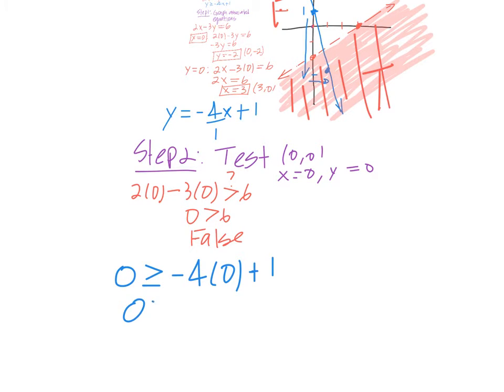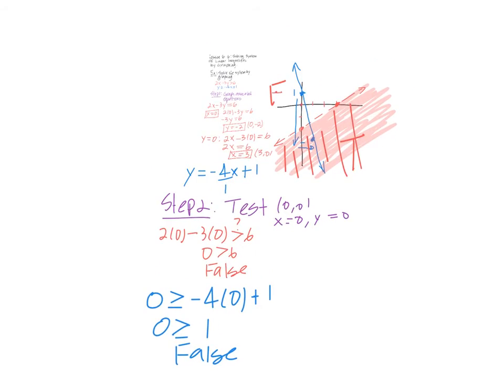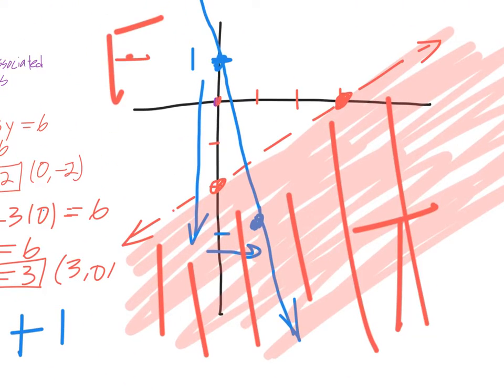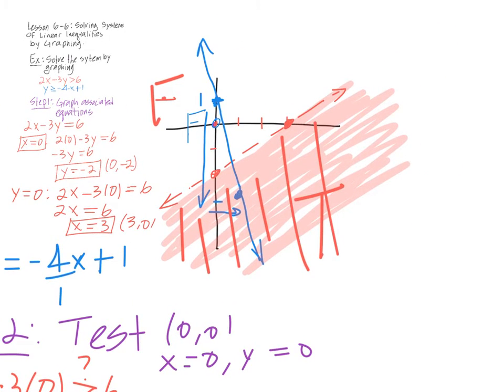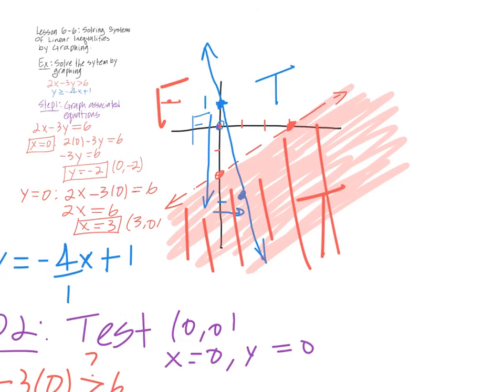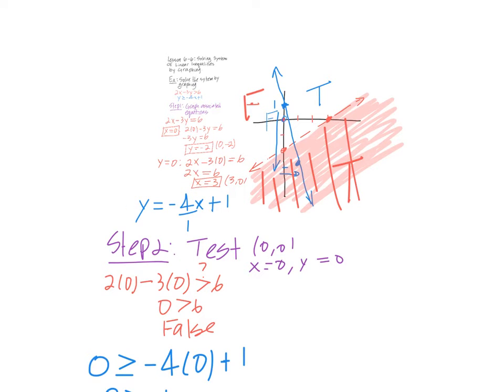Is 0 greater than or equal to 1? That is false. So from the standpoint of blue, the side with (0, 0) is false, and the side without (0, 0) is true. We will shade the side that's true.